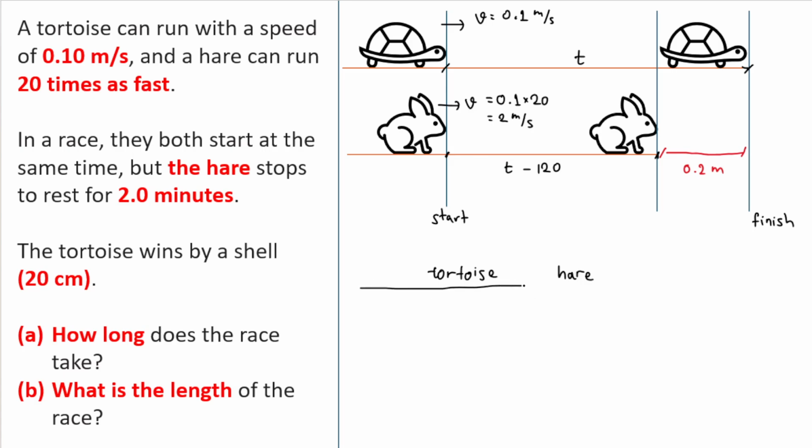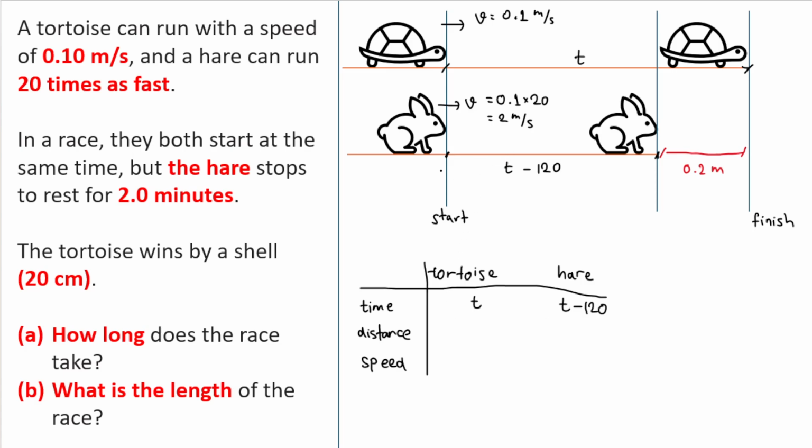So let me make these columns: time, distance, and speed. Good. For time, the tortoise actually uses all the time running, so I will have t here. But for the hare, we have t minus 120 seconds.